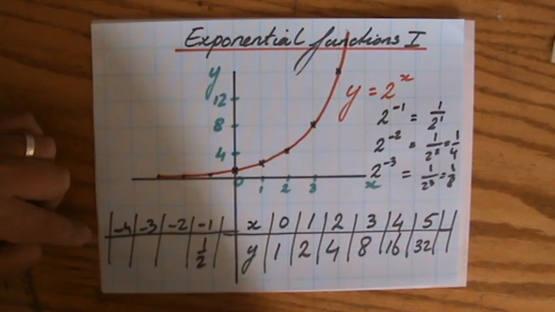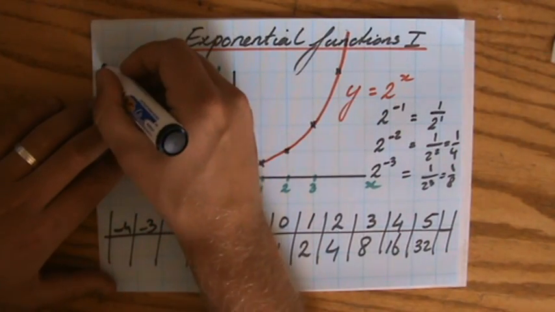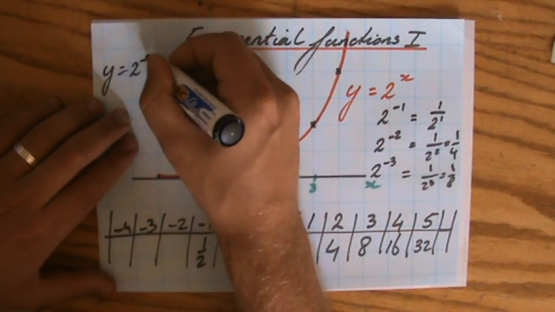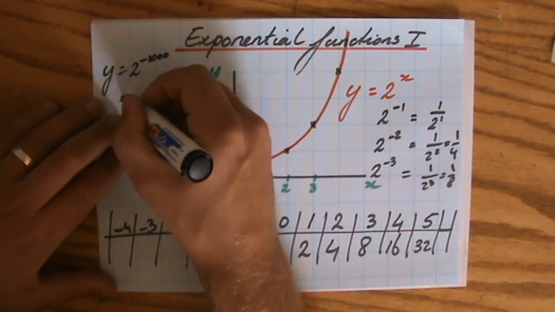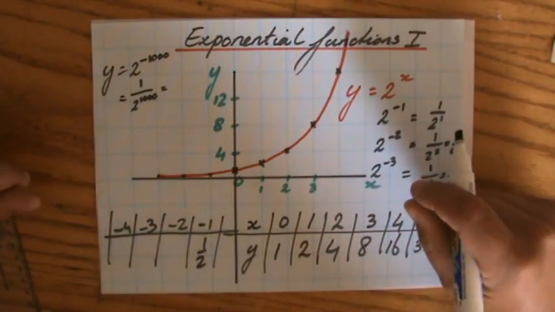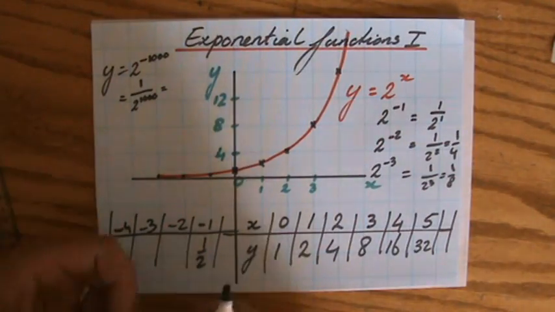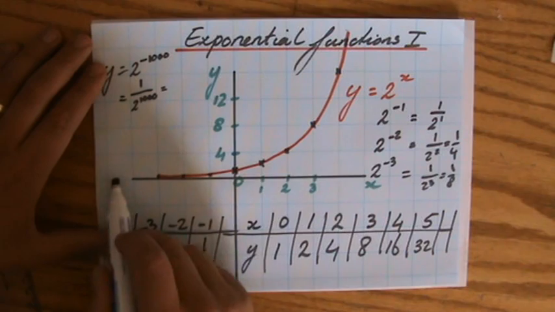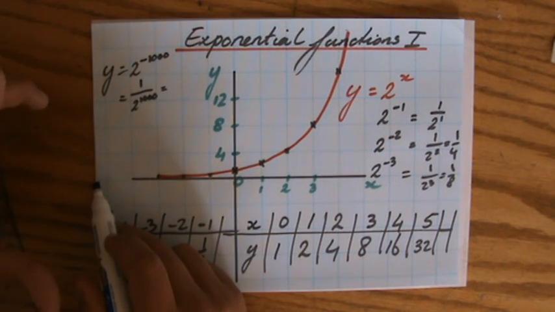Even when x is minus 1000, then y is going to be 2 to the power minus 1000, which is 1 over 2 to the power 1000, which is like 1 over a trillion billion. But that's still positive. It's almost zero. Y is almost zero, but it's never going to be actually zero.